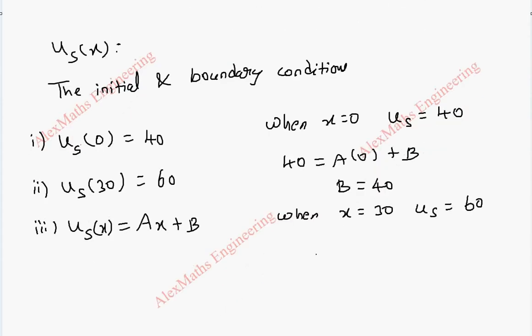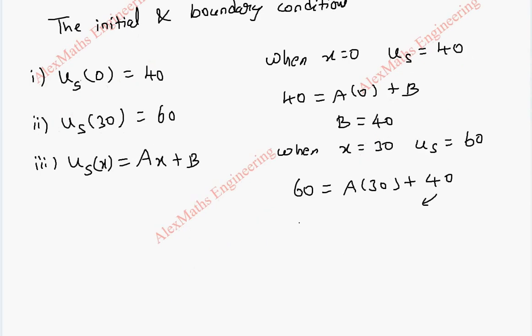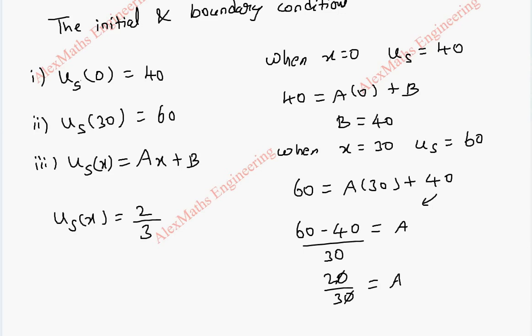So this will become 60 equal to a into 30 plus b, which is 40. We are going to subtract this. So 60 minus 40 equal to a into 30. Dividing by 30, it is 20 by 30, which is actually 2 by 3. So this u s of x becomes 2 by 3 x plus 40.